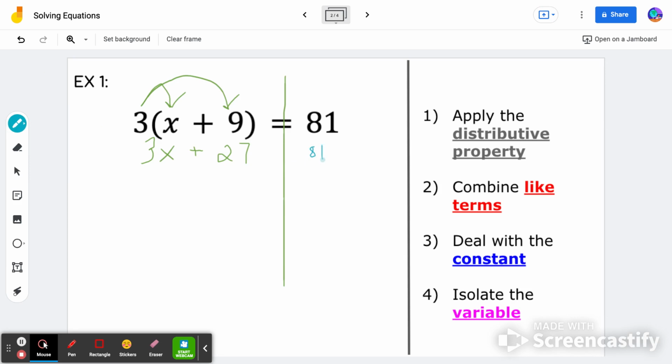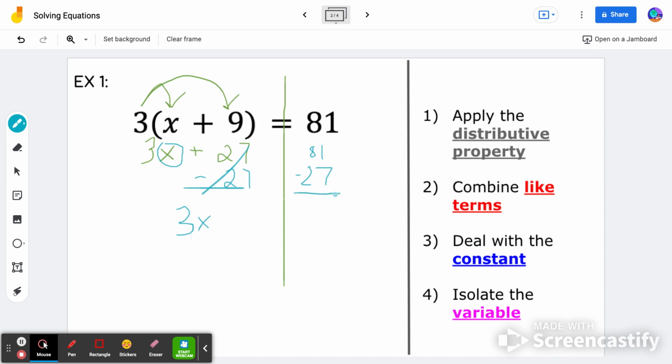But remember, the key thing is trying to isolate the variable. So let's get rid of this 27 by performing the inverse, which is subtracting 27 to both sides. So let's go ahead and do that. My 27s cancel out, and I'm left with 3x.